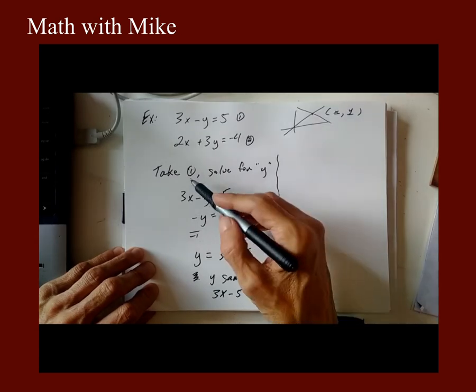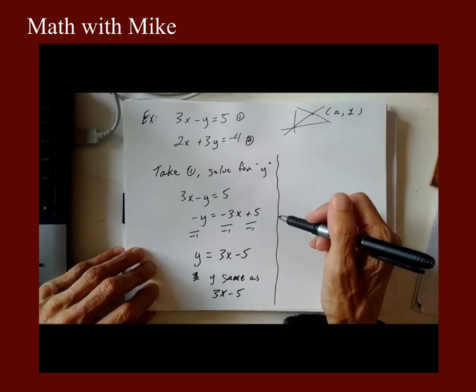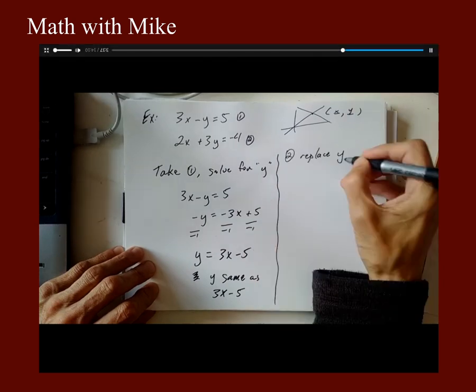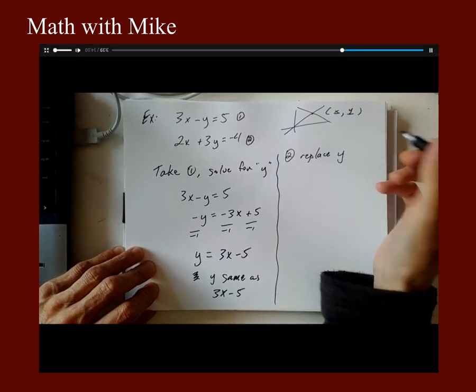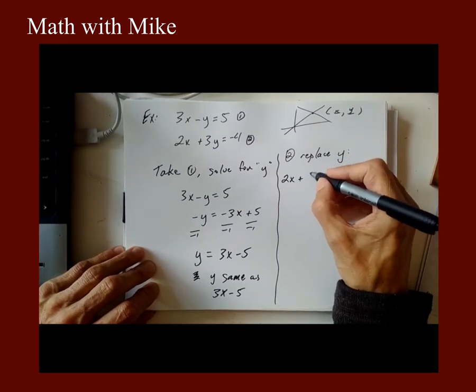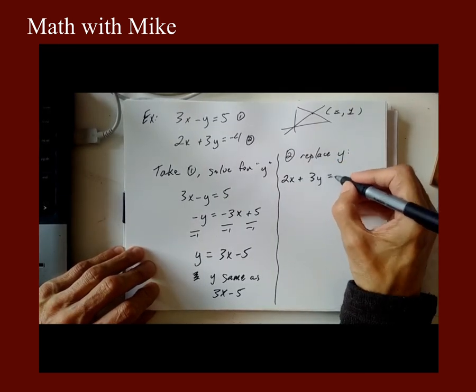Now, there's a special place to put this so that this process works. We've used equation 1 already. We've used equation 1 to solve for y. So now we're going to use equation 2, and we're going to replace the y that's in there. All right, so what does that leave? Let's write equation 2 to start with.